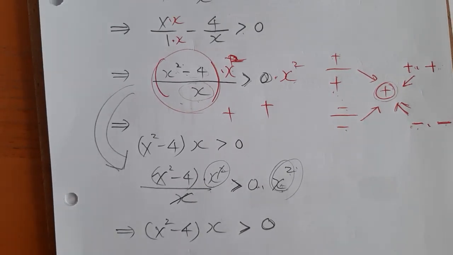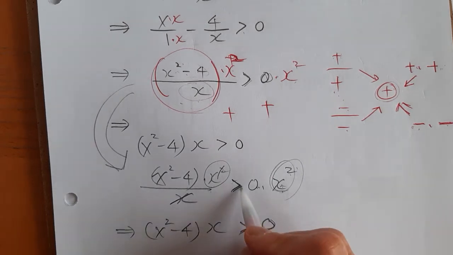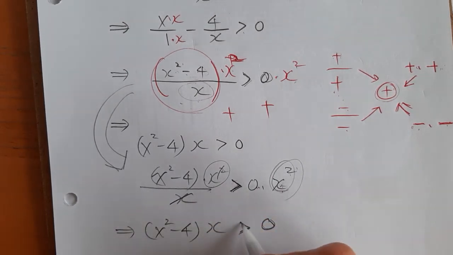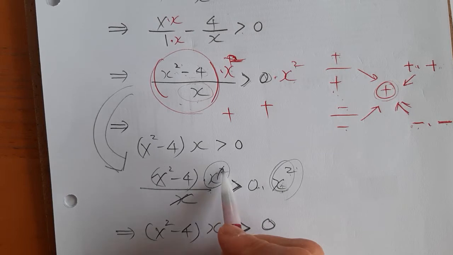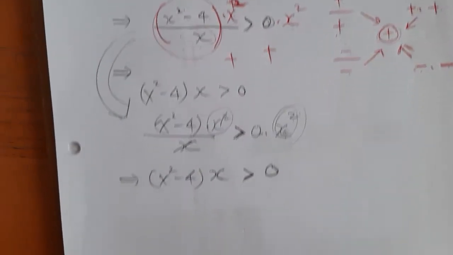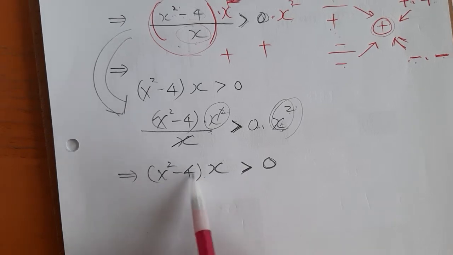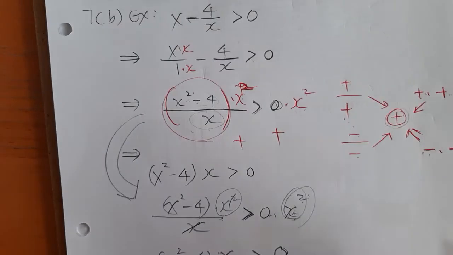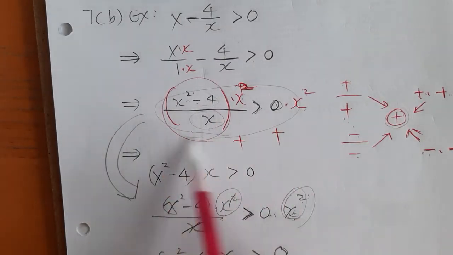Only when times by a negative do you have to change from greater than to less than. If positive, you times by positive, greater than is still greater than. Then here, x squared cancels with x, remaining 1x. So you got this. This is equivalent to this.